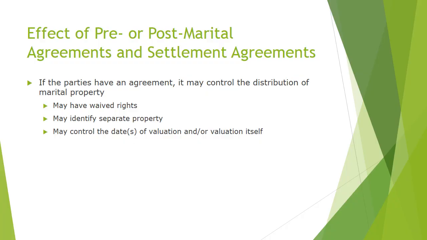Remember that if equitable distribution is desired and a 50-50 split is presumed, unless there are reasons for an unequal division, it may have also come about not by the factors given in the statute, but there may be an inequitable distribution because maybe someone's waived rights, maybe a premarital agreement has a list that identifies what property is separate property, and then those marital agreements might also point out when a valuation date would be agreed to by the parties.